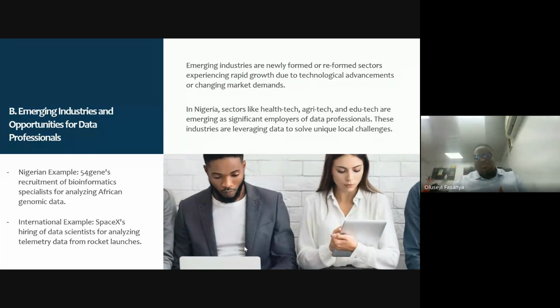In Nigeria, for example, sectors like healthcare, agritech, edtech, and others are emerging as significant employers of data professionals. These industries are leveraging data to solve unique local challenges. Within my own organization, for each function, we have what we call the data experts.